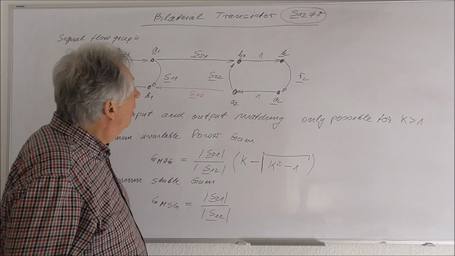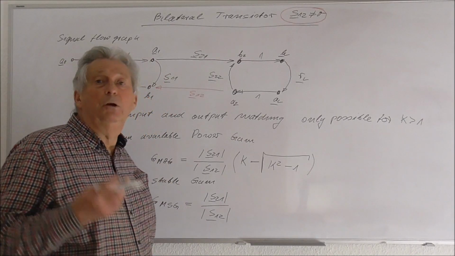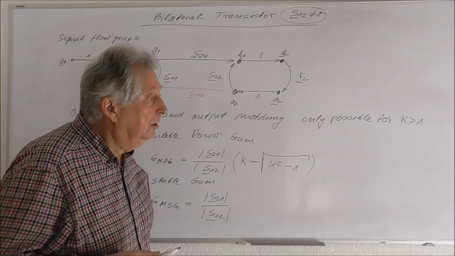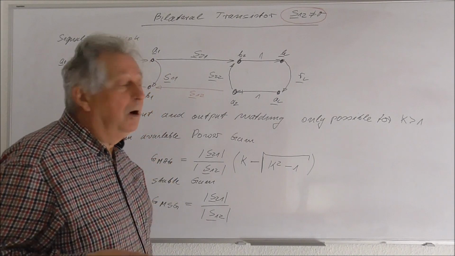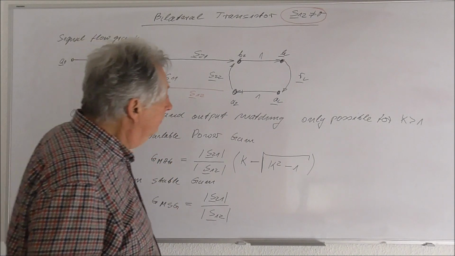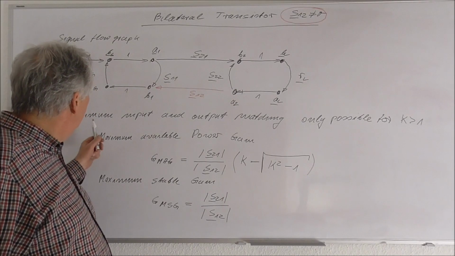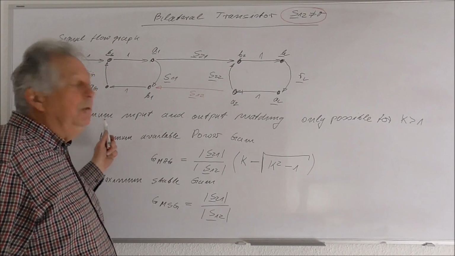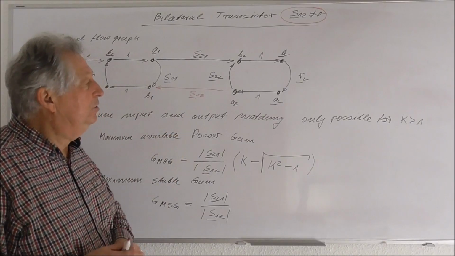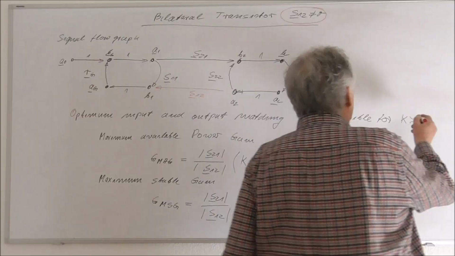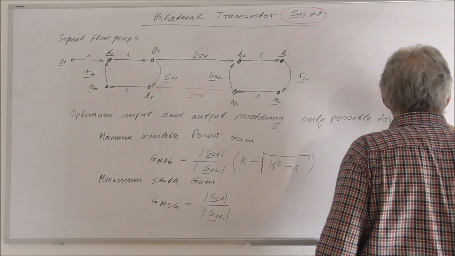So it's now far more complicated, and so I can only summarize the result because the mathematics are quite lengthy here, and if you go through the theory, then you find that the optimum input and output matching will be only possible if really the transistor is stable.